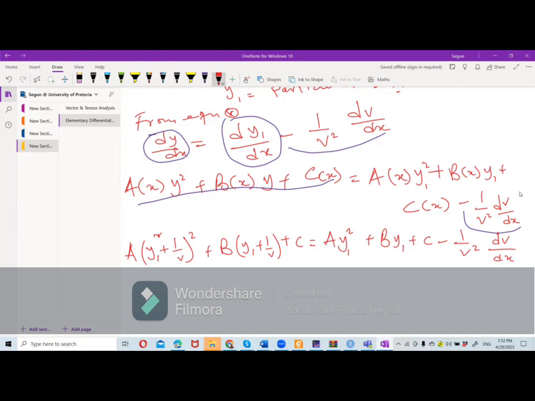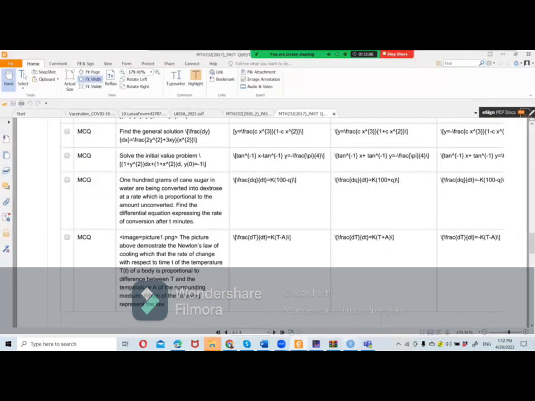So you don't need to open it. All we need to do is multiply through by v squared. Multiply through by v squared.